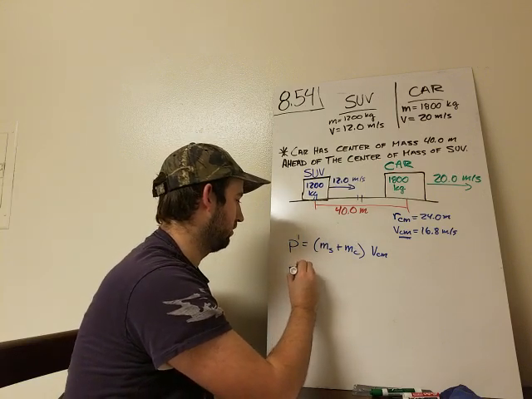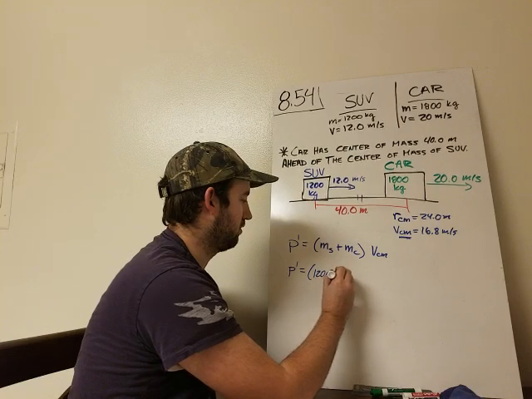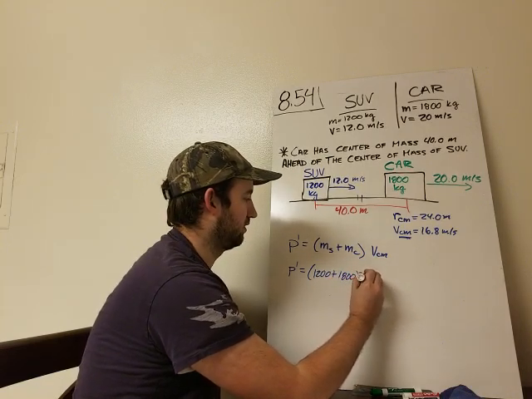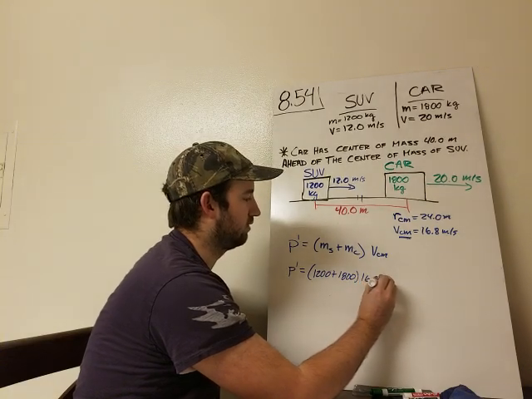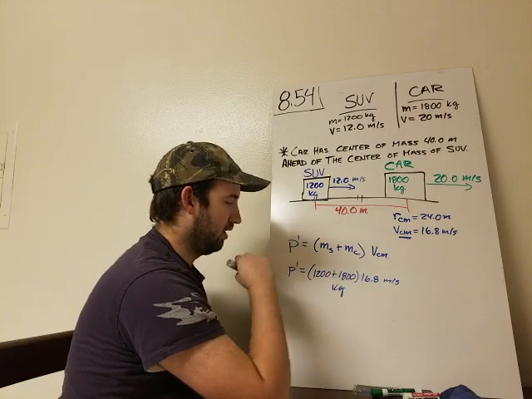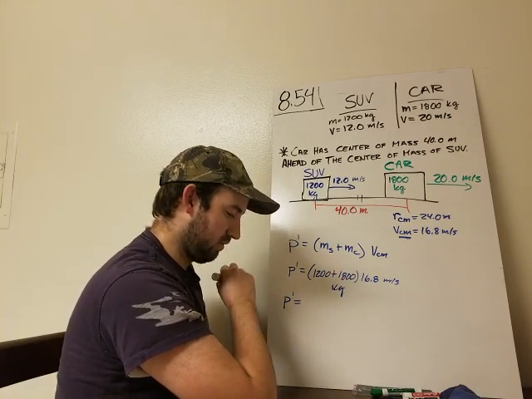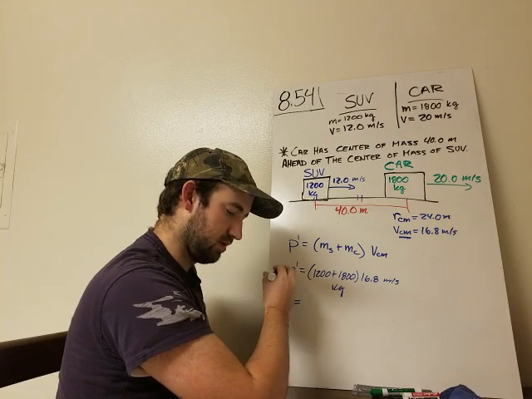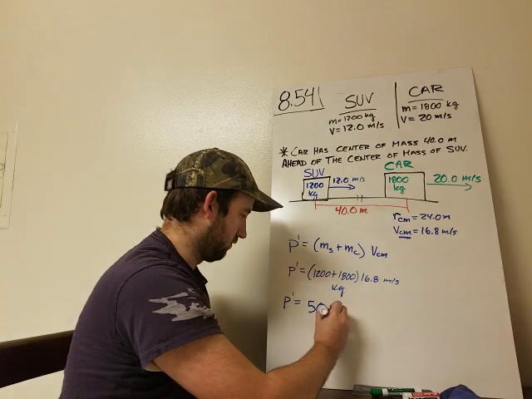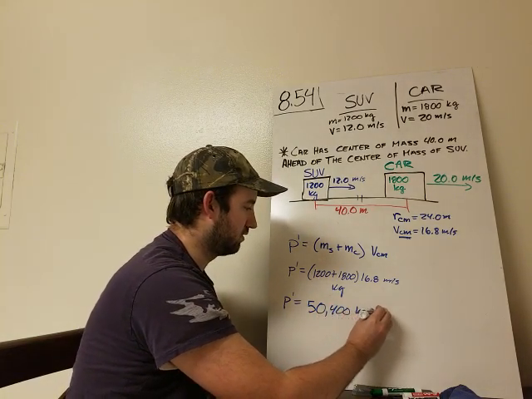We get P prime is equal to 1200 plus 1800 times 16.8 meters per second. These are kilograms. And that means that our total momentum of the system is actually 50,400 kilograms times meters per second.